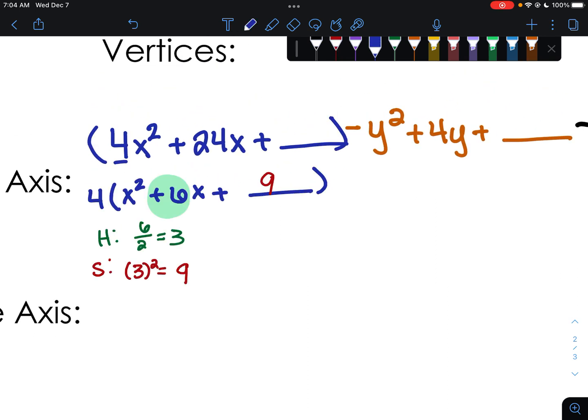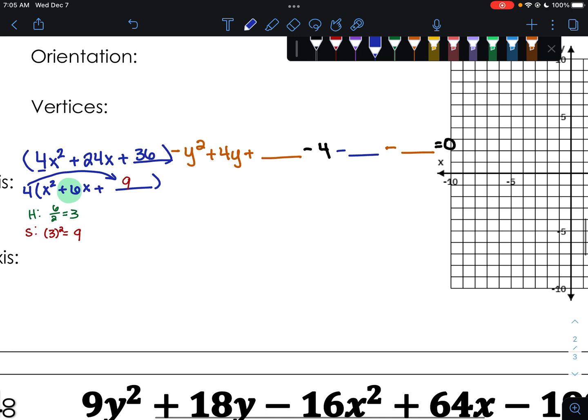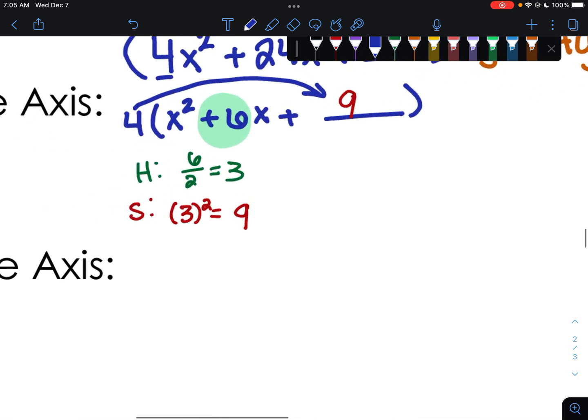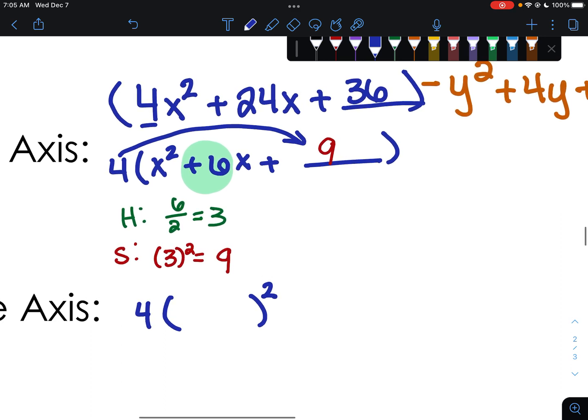But you have to remember to take 4 times 9 to get 36, so that's what goes there, which means it also goes there. So now we can do our shortcut where we take our parentheses squared. We have to remember that GCF we factored out, and we have x plus our half term, which is 3. So the first half is done.